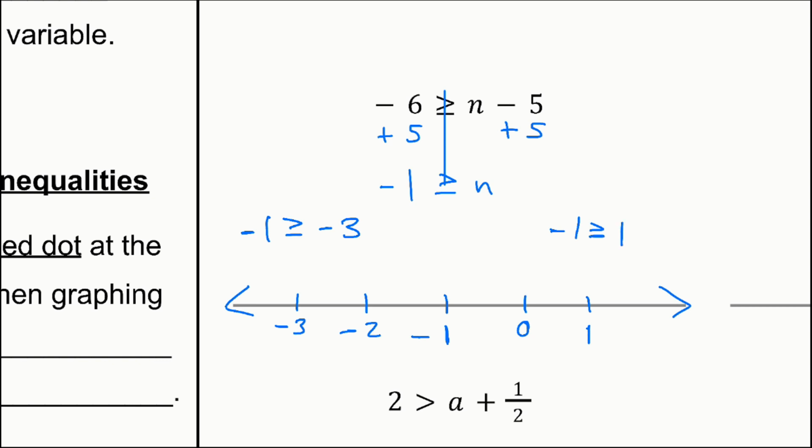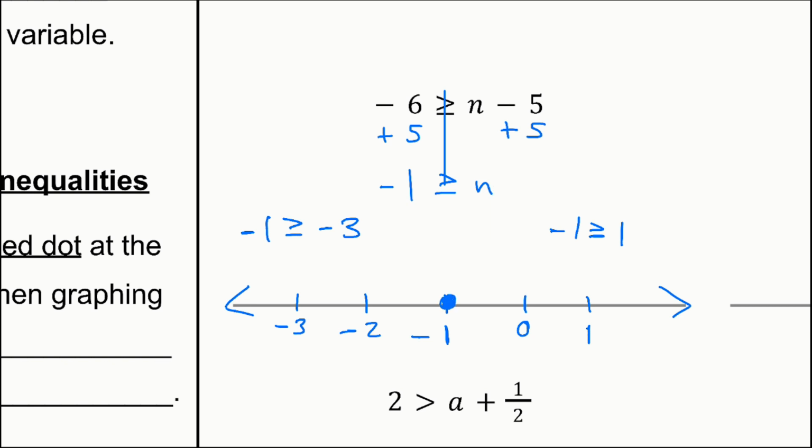At the solution, that is where we're going to put our dot, whether it be open or closed. If we can put -1 in for n, we're going to use a closed dot. If I read this as -1 is greater than or equal to -1, that's a true statement. So we'll use the closed dot.